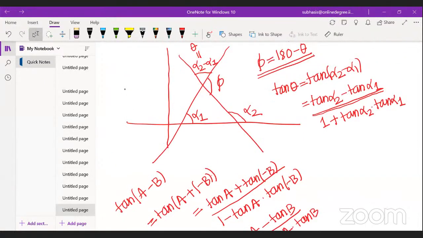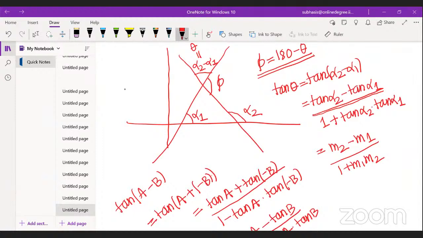Now if you see the question, tan of alpha 1 is m1, right? Correct, sir. So tan theta is m2 minus m1 divided by 1 plus m1 into m2, right?